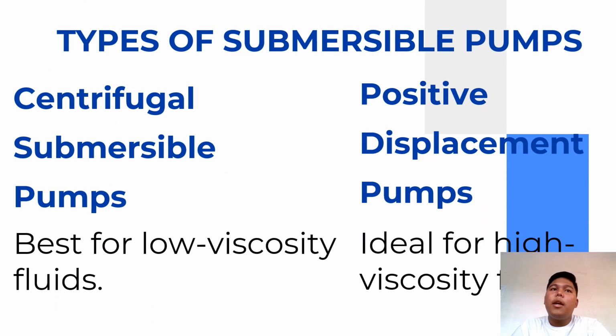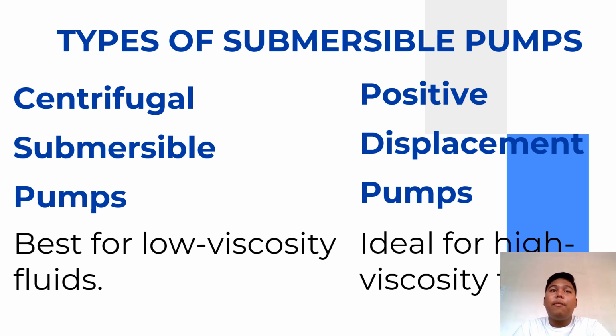So here are the types of submersible pumps. First is centrifugal submersible pumps. They are best for low viscosity fluids like water.